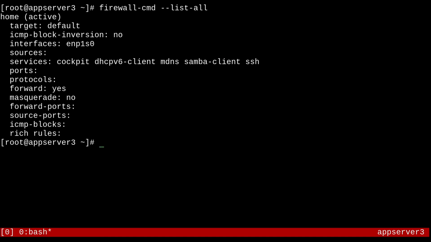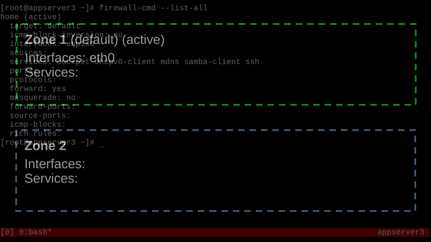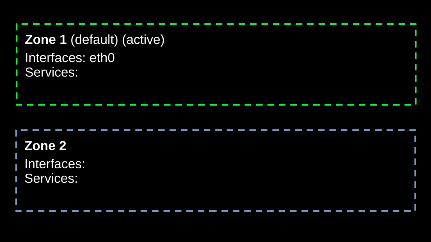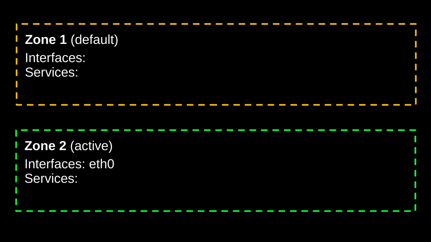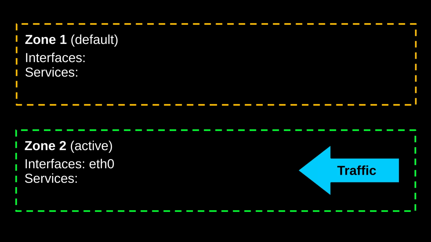Cool. So with that being said, let's move into something that I think is really important. Let's explore how the default zone setting differs from active zones that have interfaces explicitly assigned to them. What I mean by that is, if we outright changed our active network interface to a different zone than our default zone, then the real work, the real business going on is going to be done by the active zone with the active interface assigned to it.